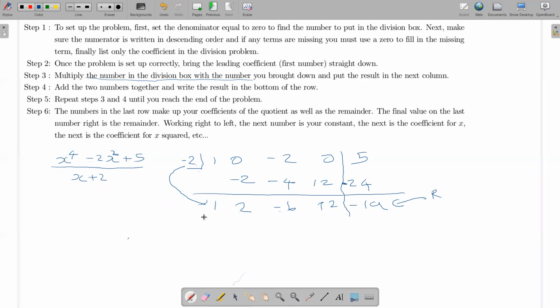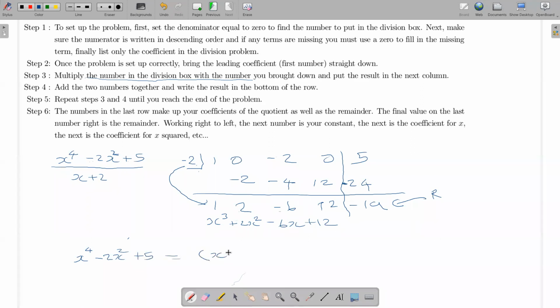This was x to the 4. If I go 1 down, I get x cubed plus 2x squared, go down by 1, minus 6x plus 2x. Okay. So my final answer I write here: x to the 4 minus 2x squared plus 5, I will write it in this form.